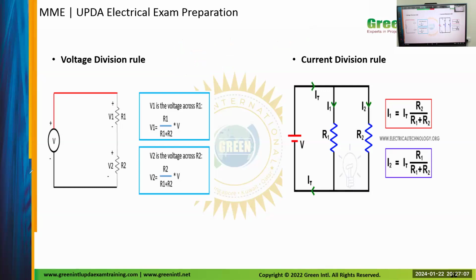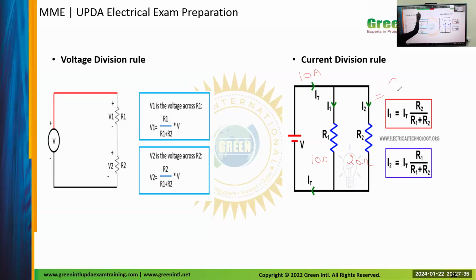On the other hand, we have the current division rule. The total current is 10 ampere. We need to calculate I2, with two resistances, 10 ohm and 20 ohm.